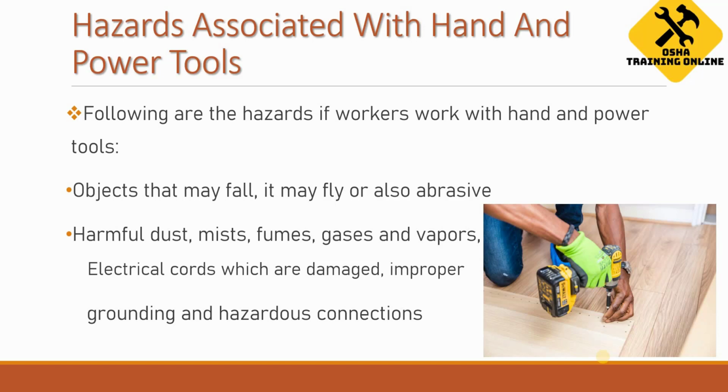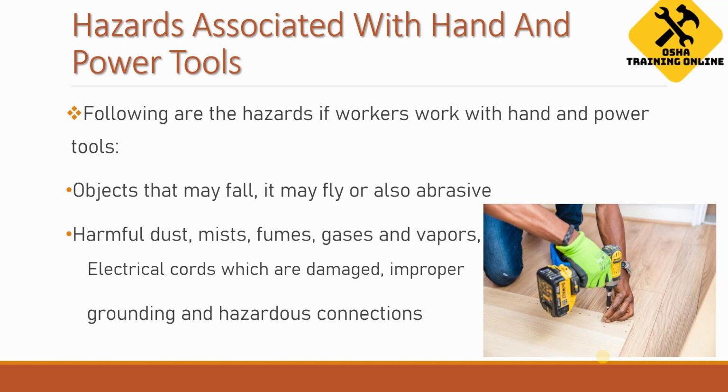So while using certain kinds of electrical or hand tool devices, fumes, gases, vapors, or harmful dust may be generated. If you work in the construction industry, there must be dust because you are working with different kinds of devices and materials. In that case, it may produce harmful dust.